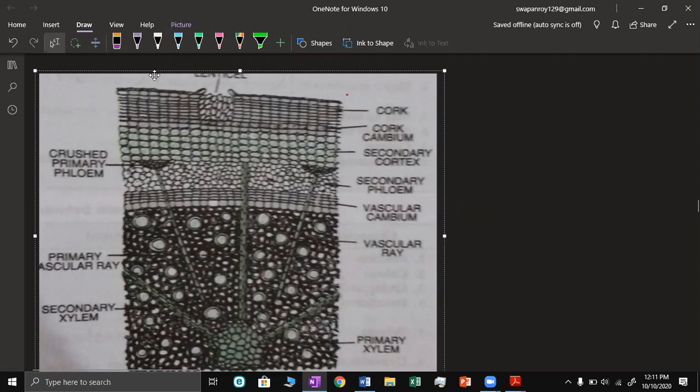So here you can see that this is the epidermis. This epidermis has been broken here, and this one is a lenticel. Remember that lenticel.